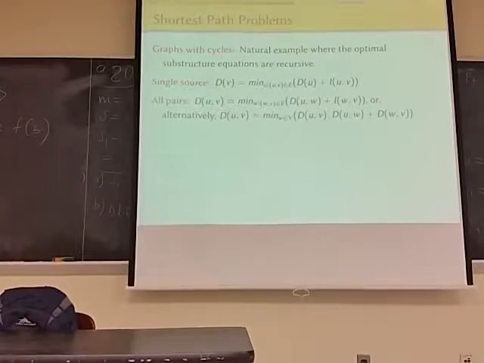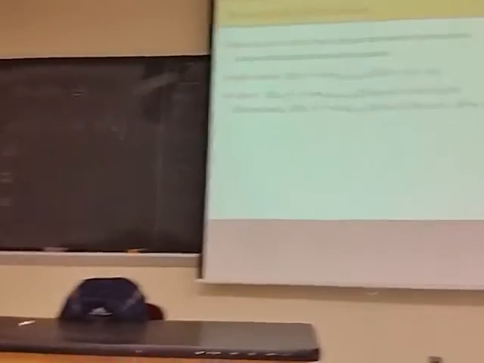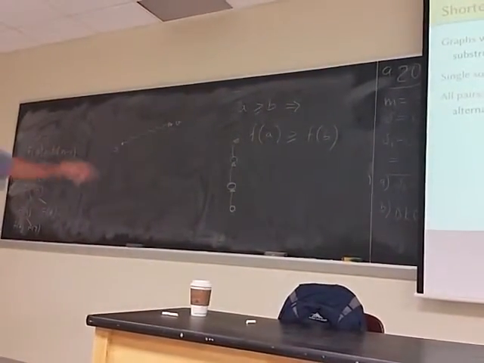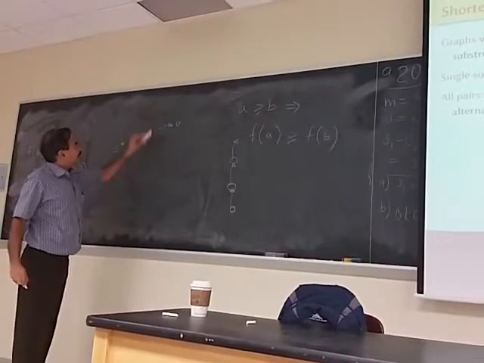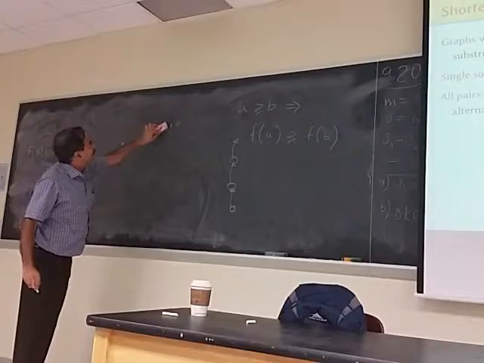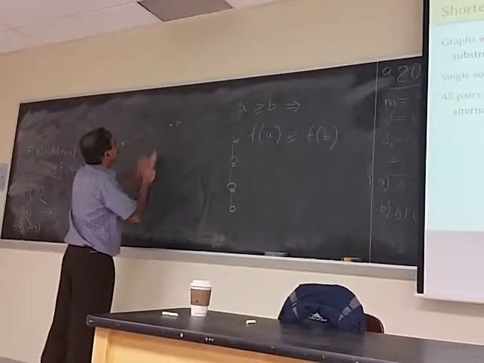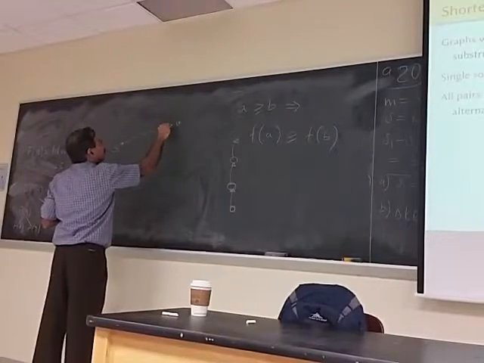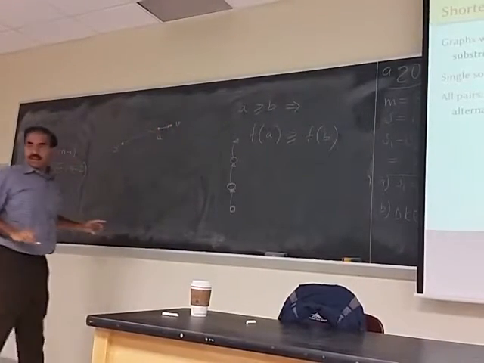so you have S, right? And you have V, right? Now, there is a path from S to V, okay? So let's take the vertex U, that is the last vertex before you reach V, right?